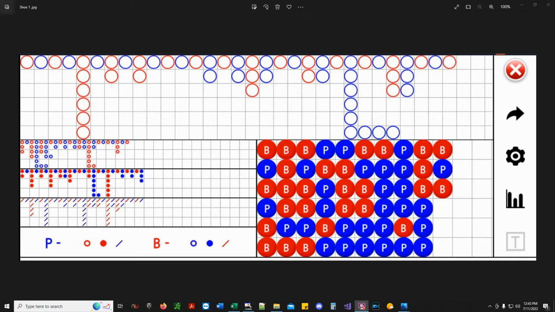So, what you see before you is a regular Baccarat tote board. We see this in all the casinos. Every casino we're in, we see this particular form of a tote board.